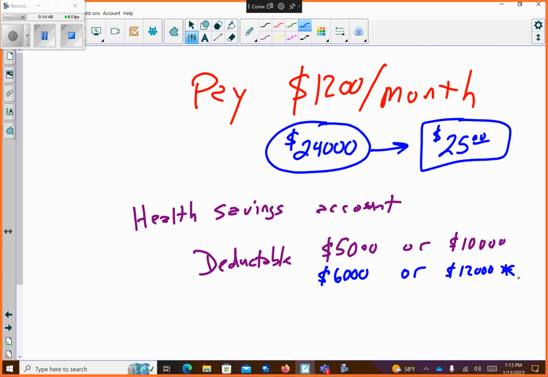So basically what this means is I'm going to pay a certain amount each month to say I have insurance. On top of me having my insurance, I still have to pay, let's stick with the purple, $5,000 towards my health expenses before my insurance kicks in. Okay, follow me on this? But here's the thing.